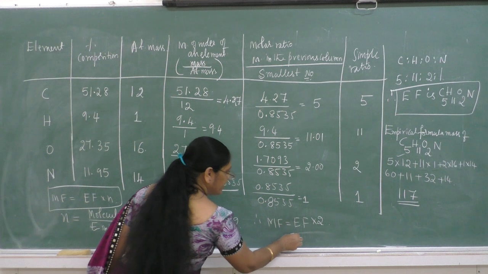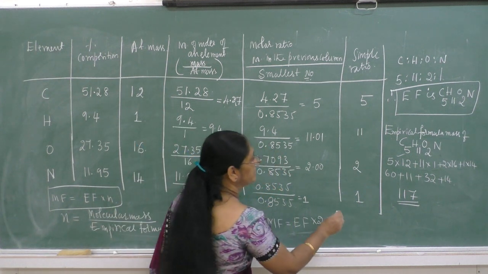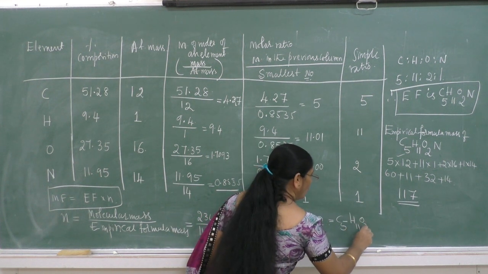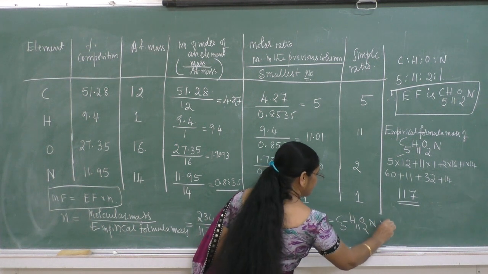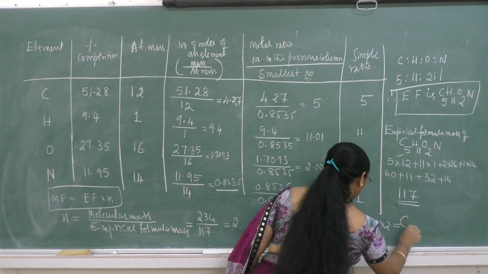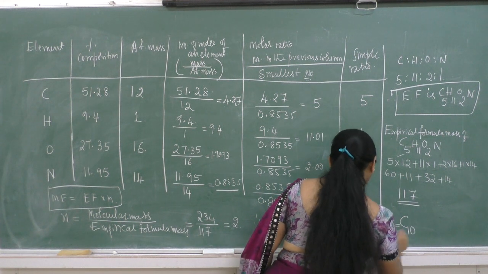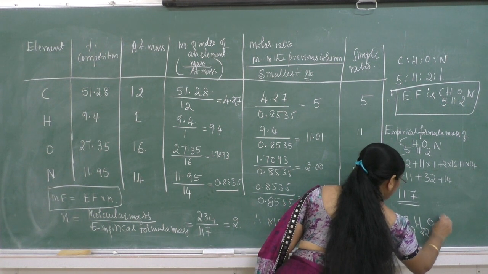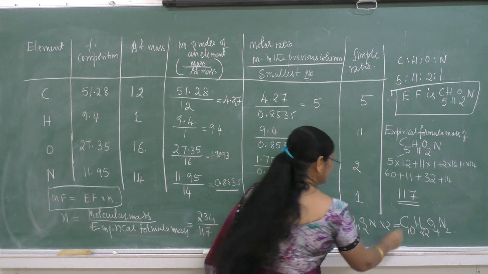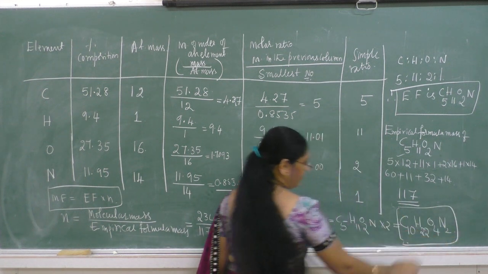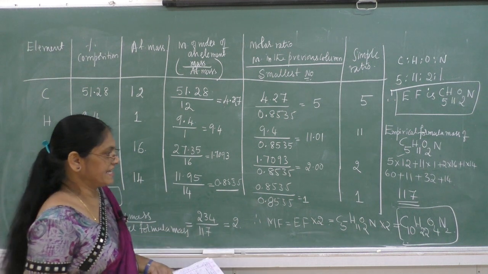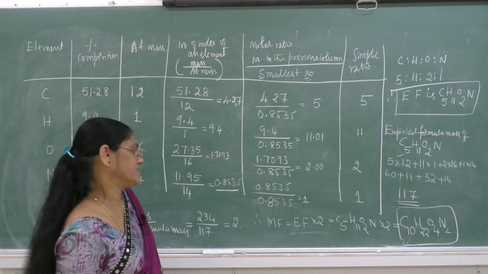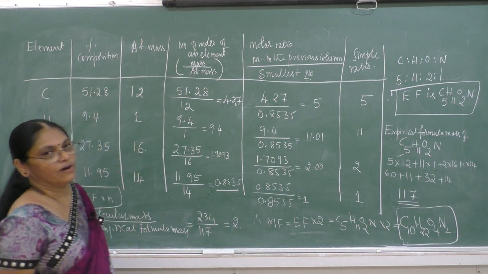So the empirical formula C5H11O2N multiplied by 2 is equal to C10H22O4N2. So C10H22O4N2 is the molecular formula of the compound.